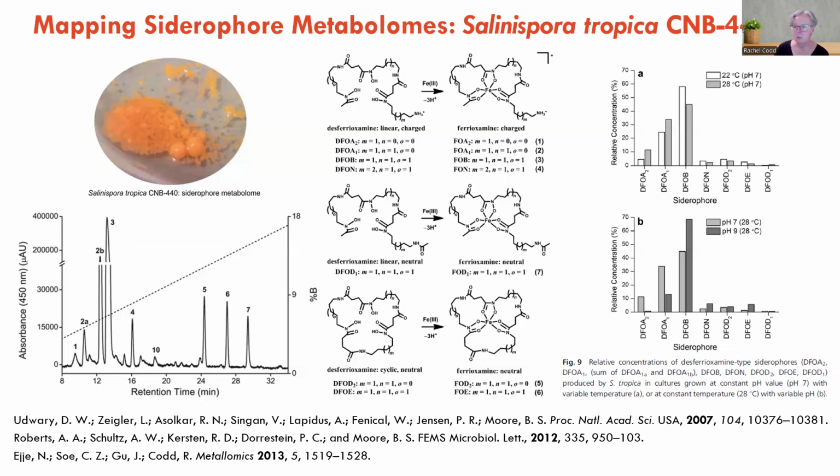So what we did with this bacterium is we undertook culturing under different conditions, so under different temperature and different pH values. And this is really representing the marine environment, which has diverse microenvironments.